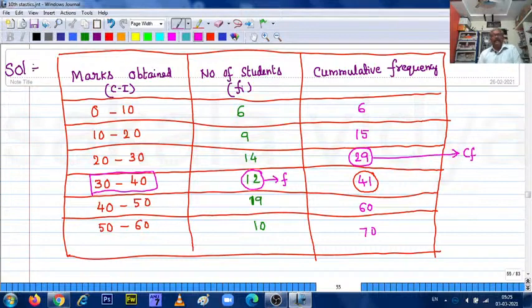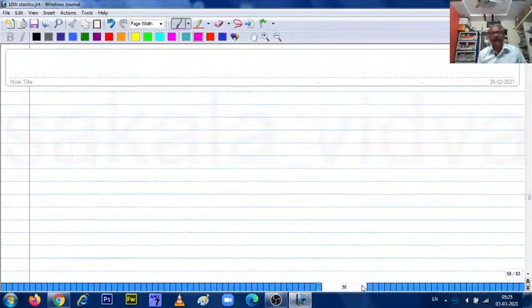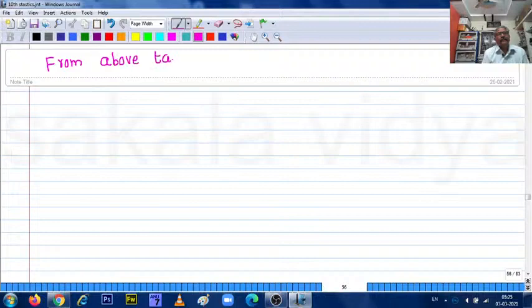So okay, now we need to write all these things. How to mention? From the above table, n is equal to 70, n by 2 is equal to 70 by 2, 35.